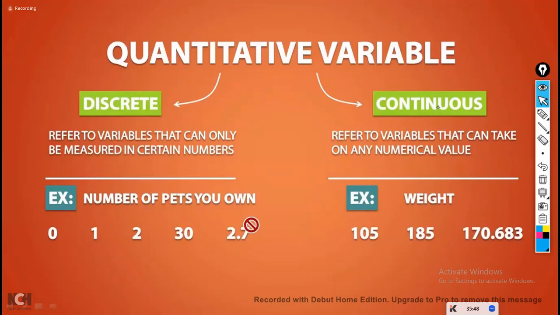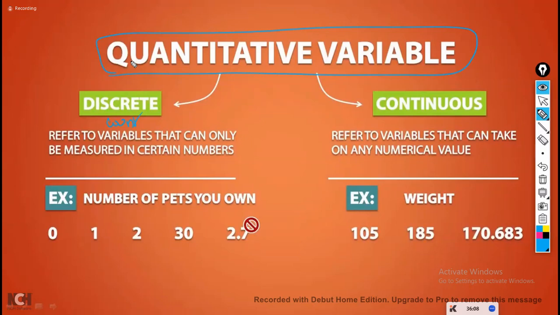Whether it is a continuous variable or a discrete count, both are in numerical format. So all numerical format data is called quantitative data. Every numerical format data is considered quantitative.